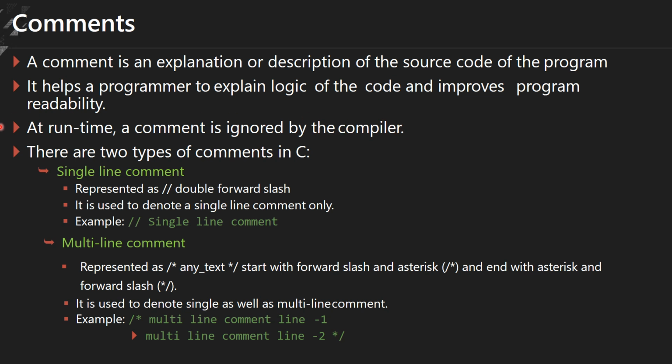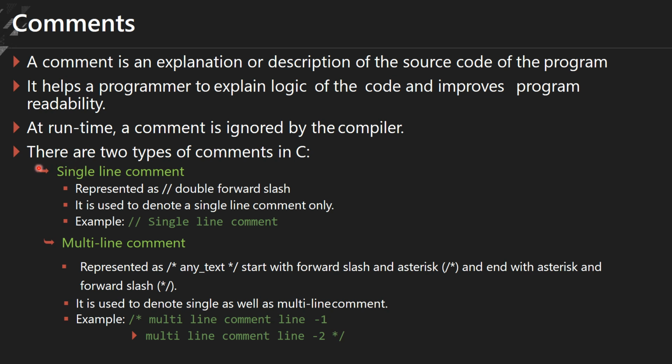What does it mean? Whenever a comment is written in the source code, it is not executable and is directly ignored at runtime. So just for readability purposes, you write a comment for each line of the code, or whenever you want to, right?